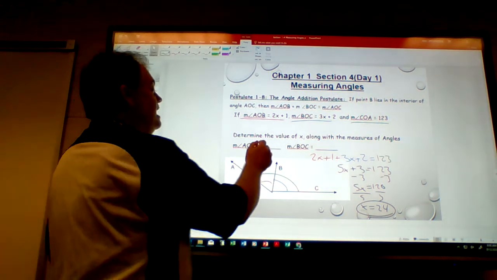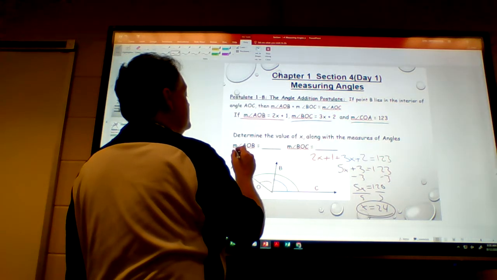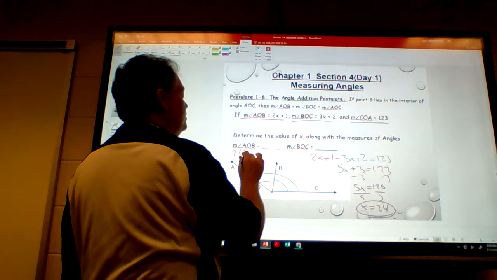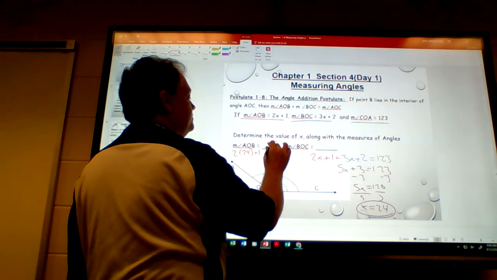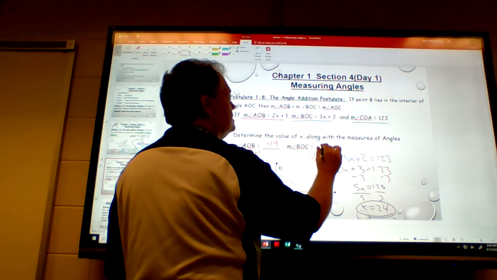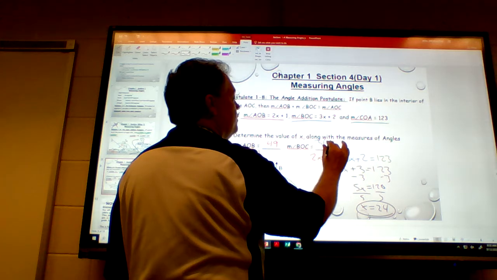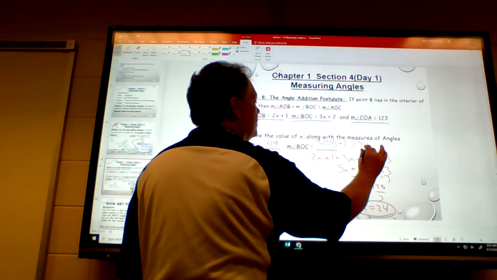So let's do that. Since this is red, I'm just going to work it in red. AOB is 2 times 24 plus 1, which is 49. BOC is 3 times 24 plus 2, which is 74.